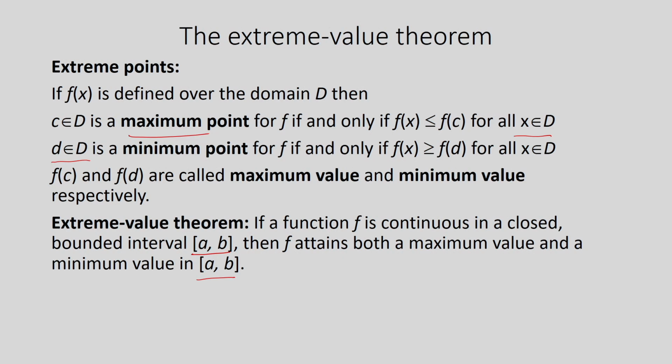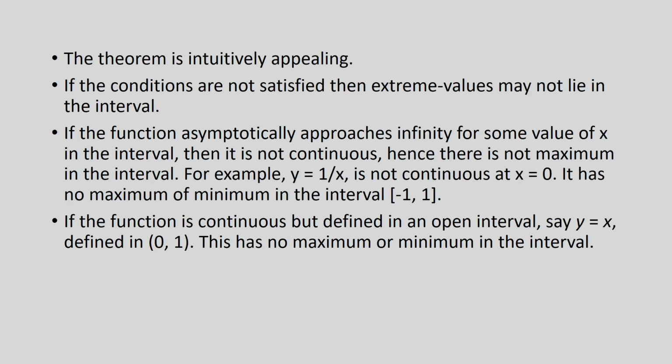Okay, so this is very important, and look at the conditions. f has to be continuous, and it is defined over a closed bounded interval a to b. Then we have both maximum and minimum values in the interval. So, this is called the extreme value theorem. The theorem is intuitively appealing. If the conditions are not satisfied, then extreme values may not lie in the interval, right.